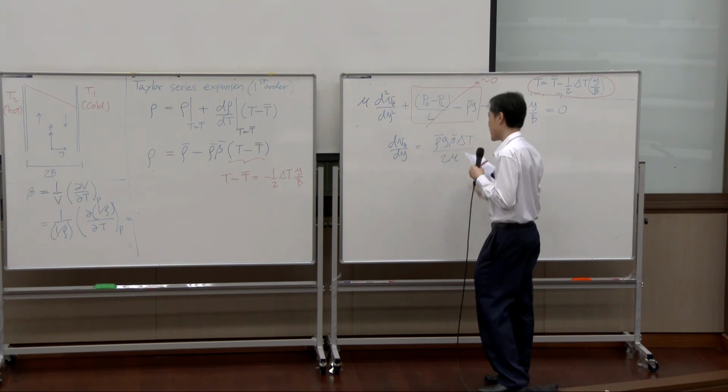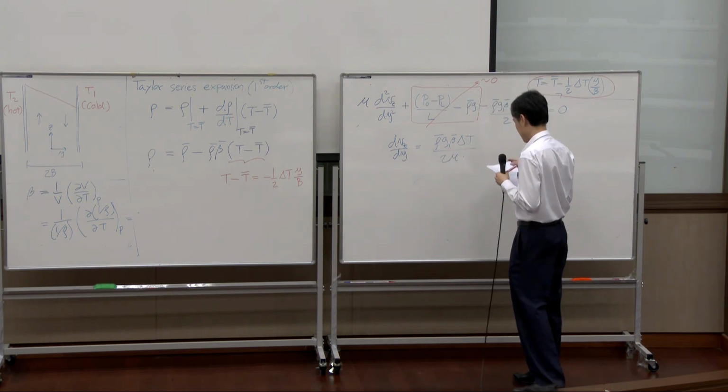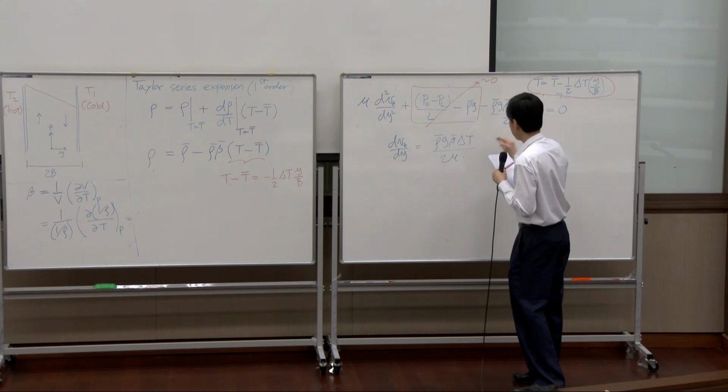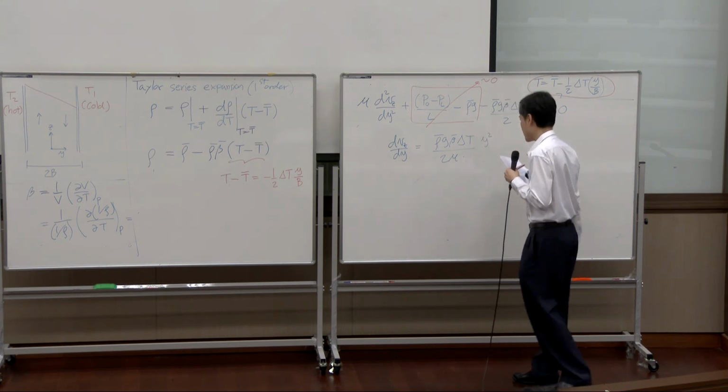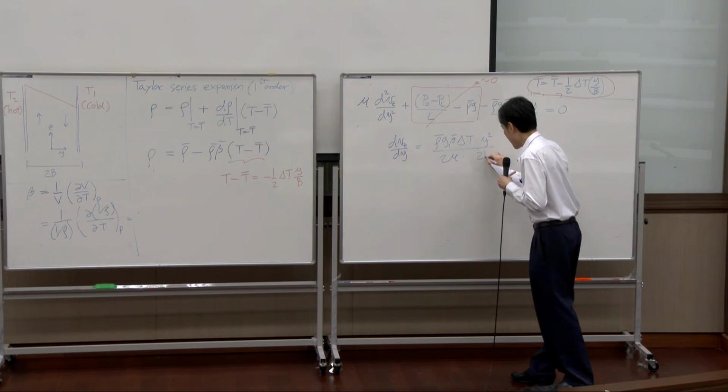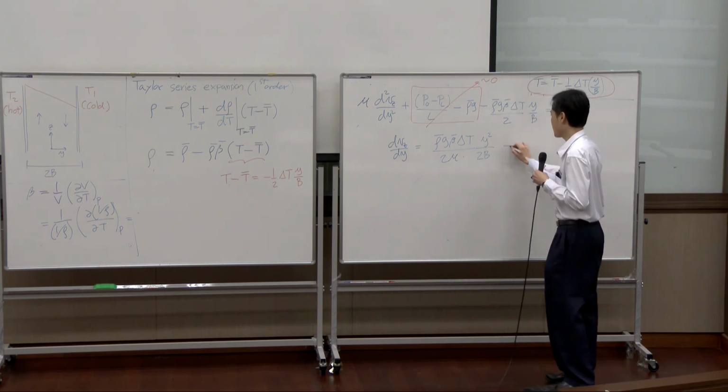I move mu to the denominator. I have y. After integration, you get y squared over 2b over here, plus another constant.